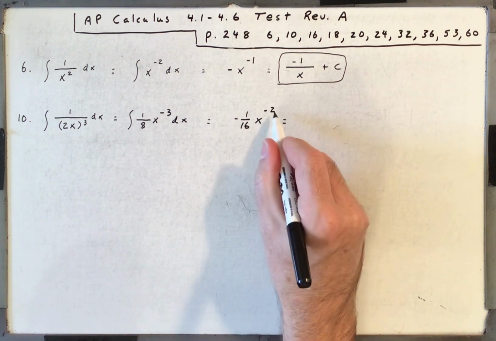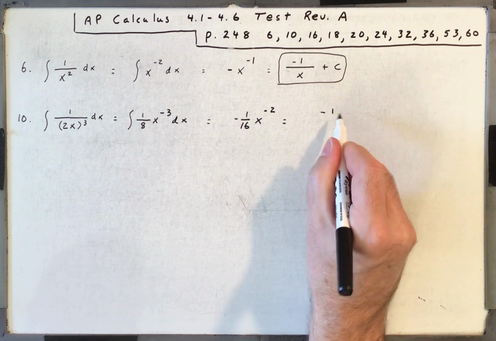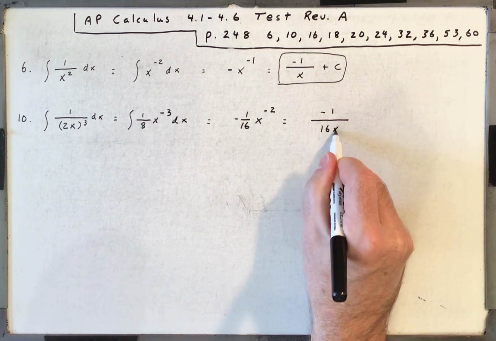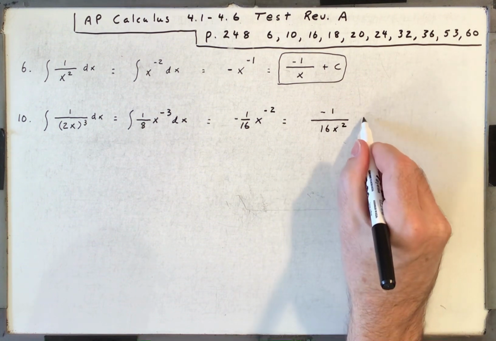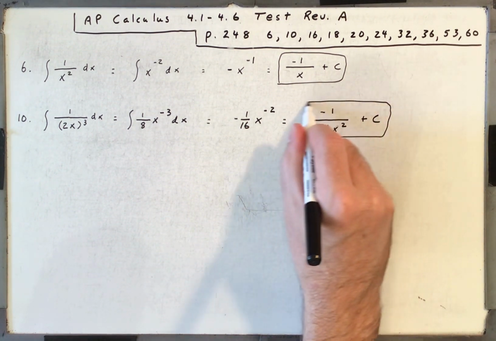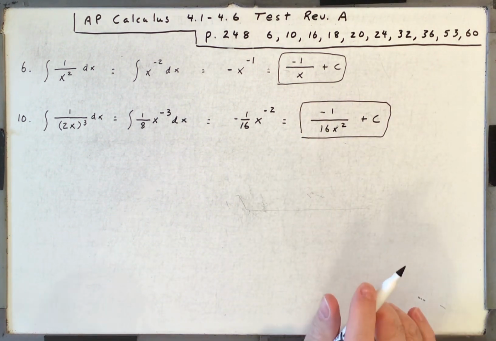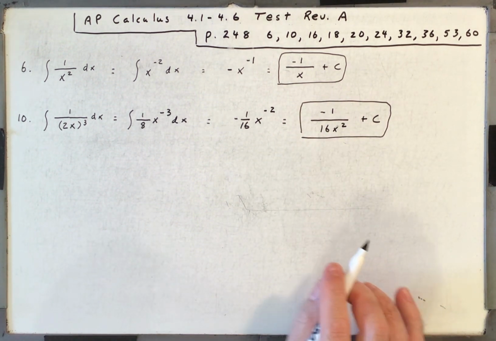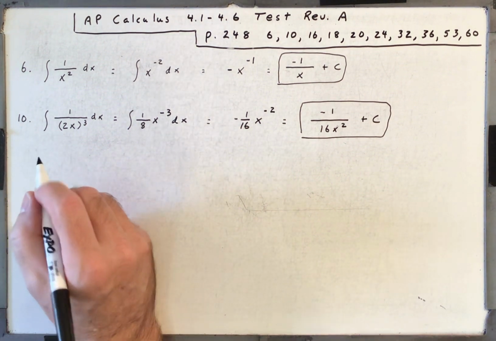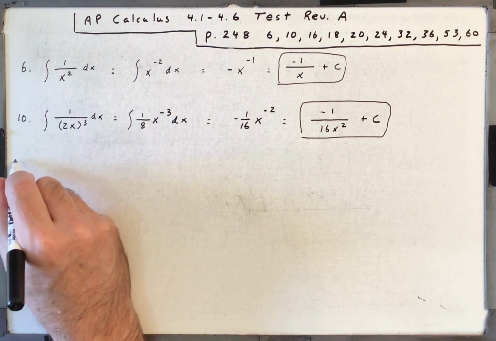And now I'm just going to make that exponent positive. So that would be negative 1 over 16x squared plus c. Don't forget the plus c. I had a student one year forget all the plus c's, and I had to take off 1 point on like 7 different problems on the test. Otherwise, he would have made 100 on the test. So don't let that be you.